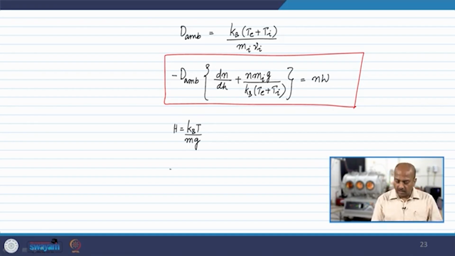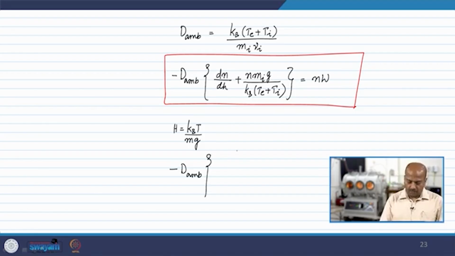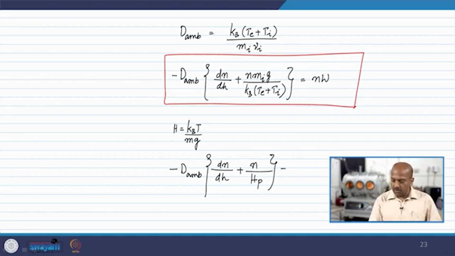So, we can write it as minus the ambipolar diffusion coefficient times dN by dH plus n by Hp, the plasma scale height, is equal to n w. So, this is the modified equation for plasma, which is including the ambipolar diffusion coefficient.